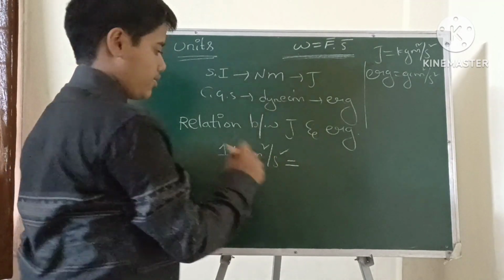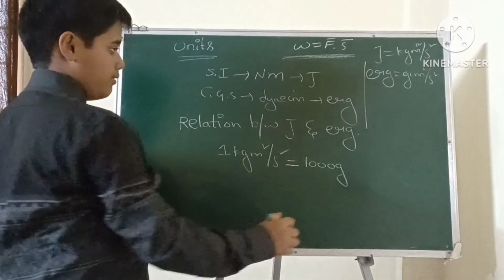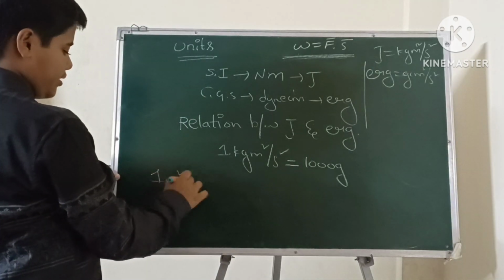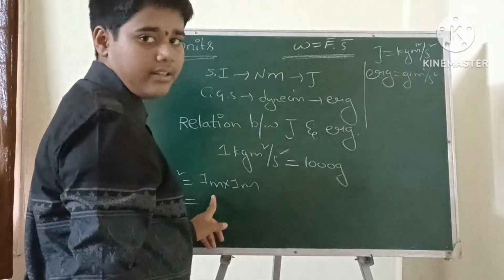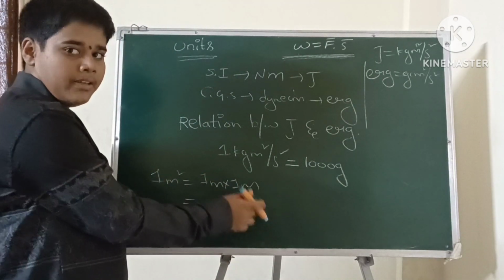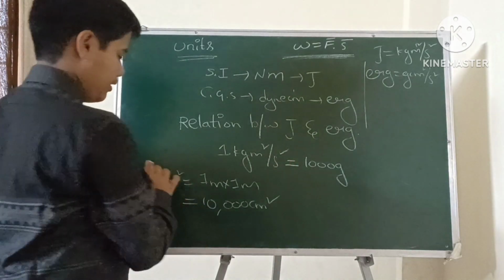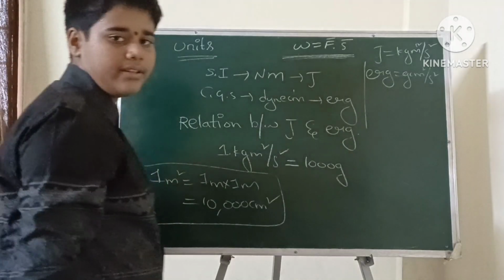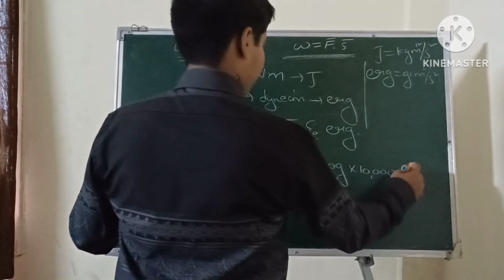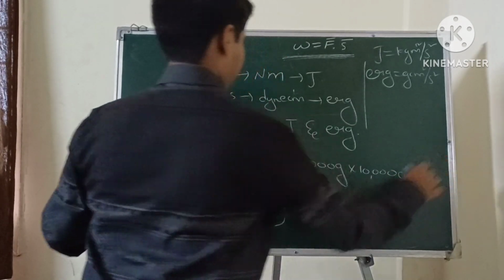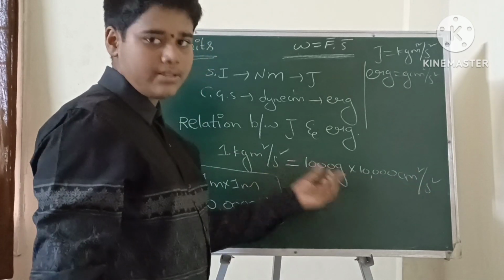Here 1 kg means 1000 grams. 1 meter square is equal to 1 meter into 1 meter, and 1 meter means 100 centimeters, so 100 into 100 is 10,000 centimeter square. Time is the same unit in CGS and SI.